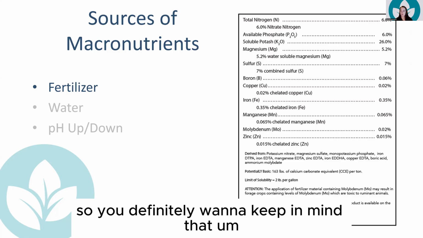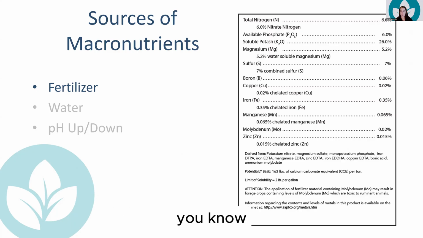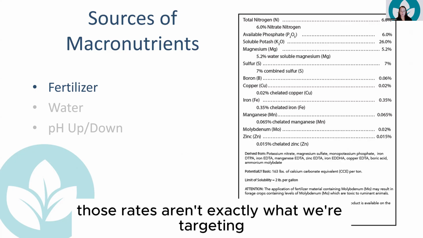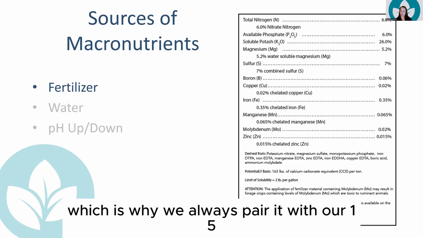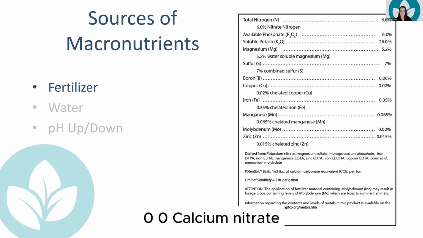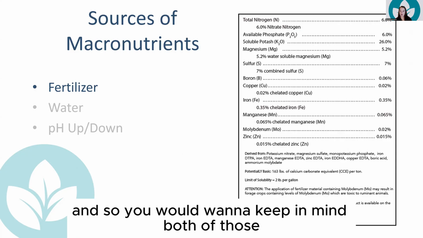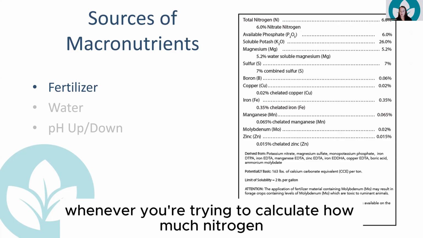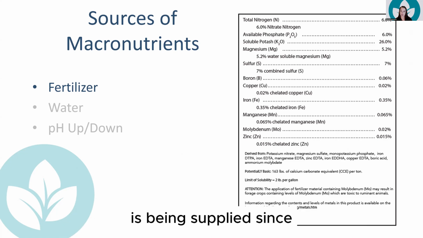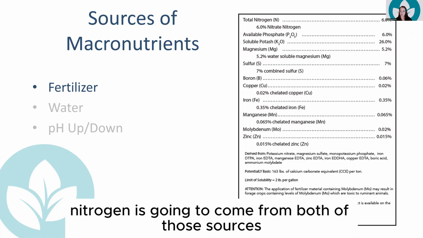So you definitely want to keep in mind that those rates aren't exactly what we're targeting, which is why we always pair it with our 1500 calcium nitrate. And so you would want to keep in mind both of those whenever you're trying to calculate how much nitrogen is being supplied, since nitrogen is going to come from both of those sources.